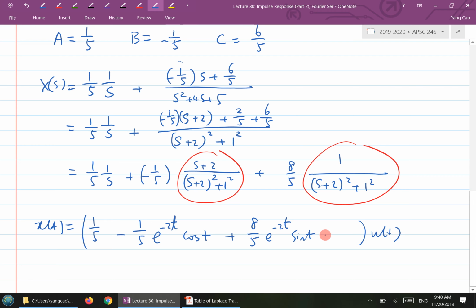Right there, so that's your x of t here. This is the system output when the input is a unit step input and under the given initial conditions.